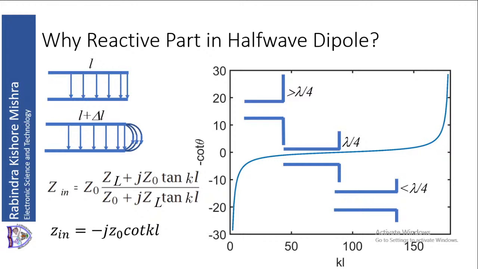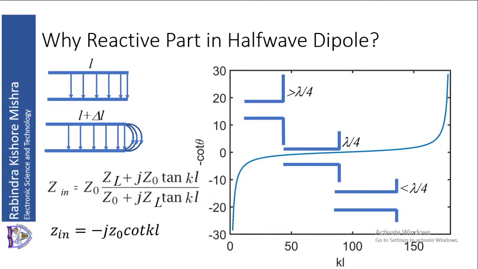So what will be cot pi by 2? Tan pi by 2 is infinity, so cot pi by 2 is 0. When L is equal to lambda by 4, cot kL is equal to 0, so Zin is as good as a short circuit at that point.